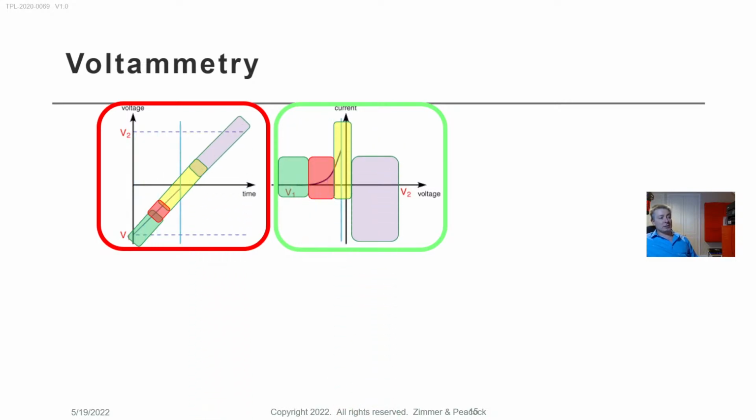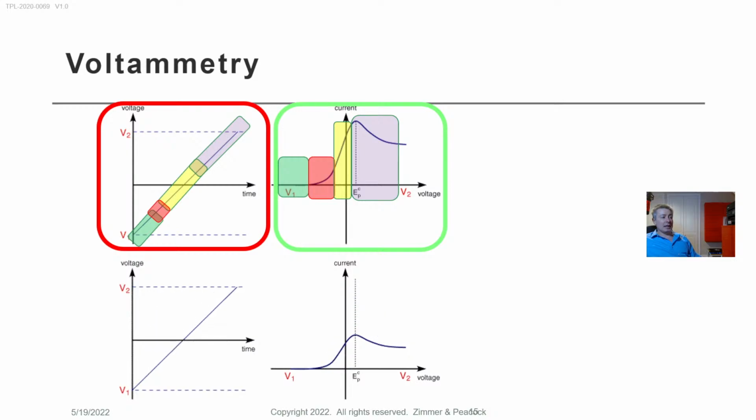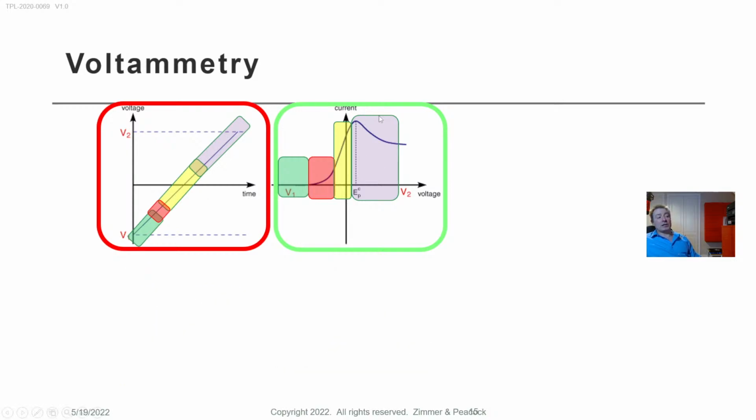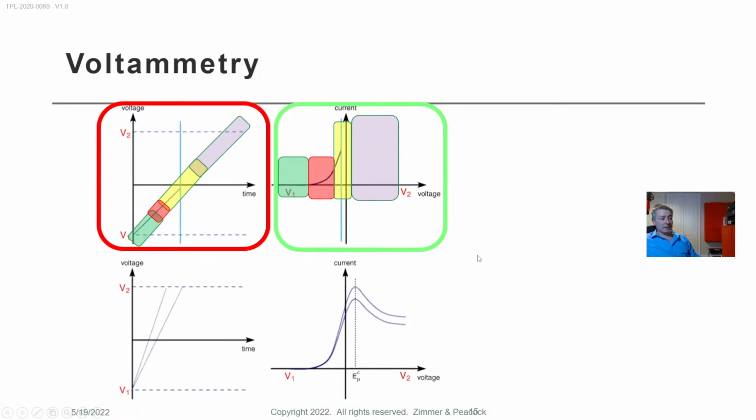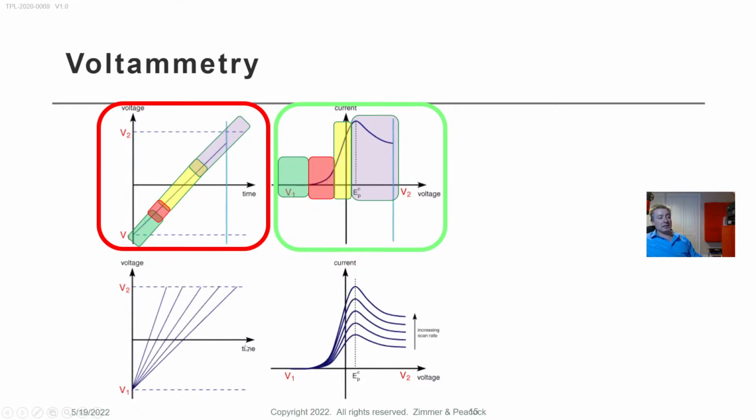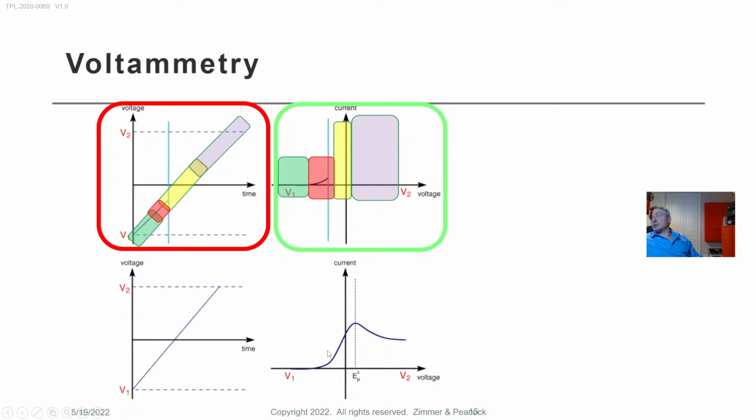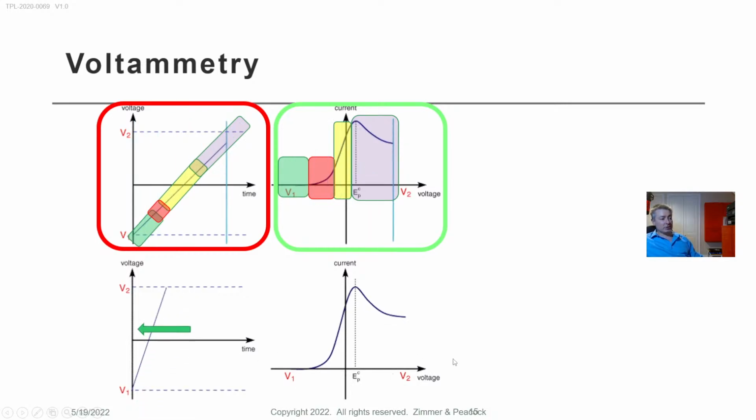And once I get near the peak, I'm really in my diffusion or mass transport control region. So these different regions give you this distinctive shape. Now, the time it takes you to go from V1 to V2 ends up driving the peak height. I know electrochemists know this, but I'm not always sure they know why it's like this. So I'll give you my explanation.